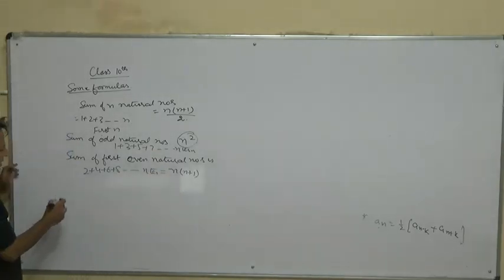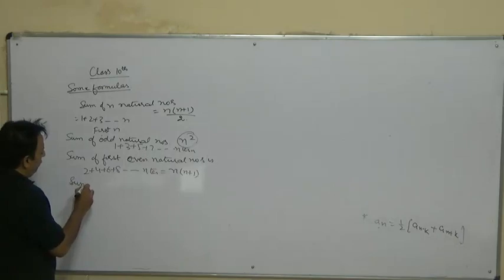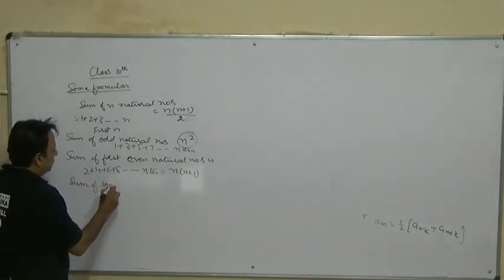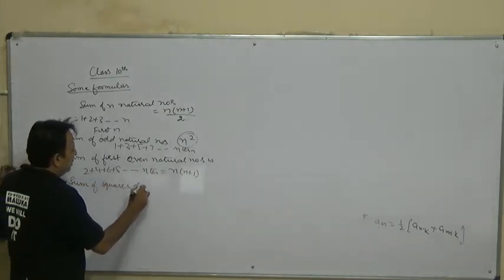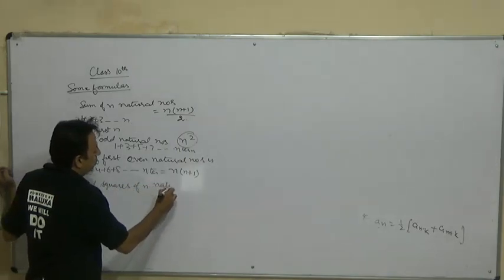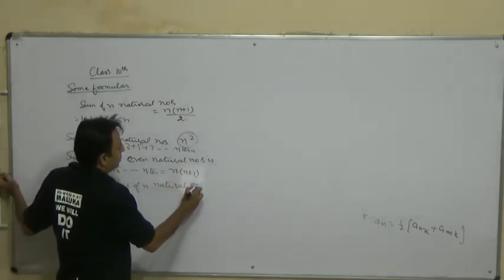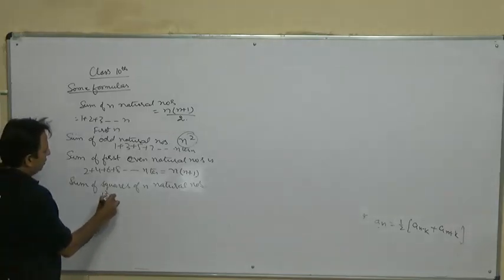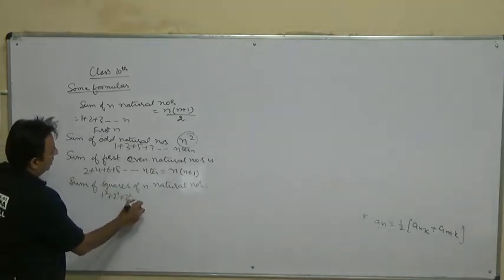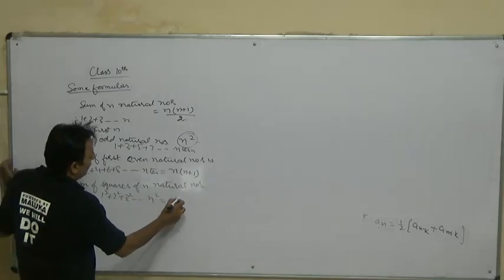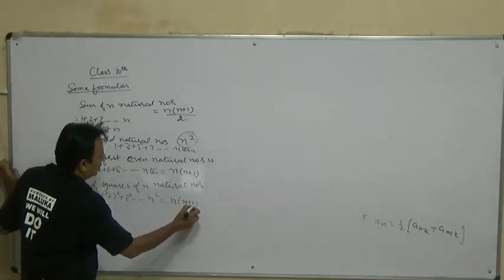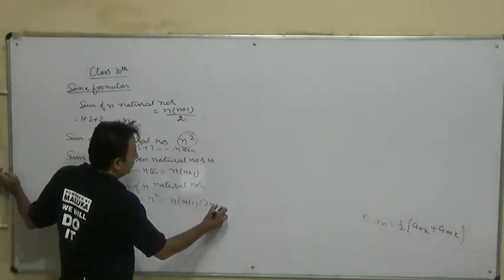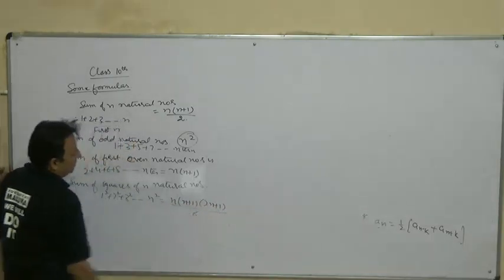Then next is the sum of squares of n natural numbers, that is 1 square, 2 square, 3 square up to n square. This will be equal to n into n plus 1 into 2n plus 1 over 6.